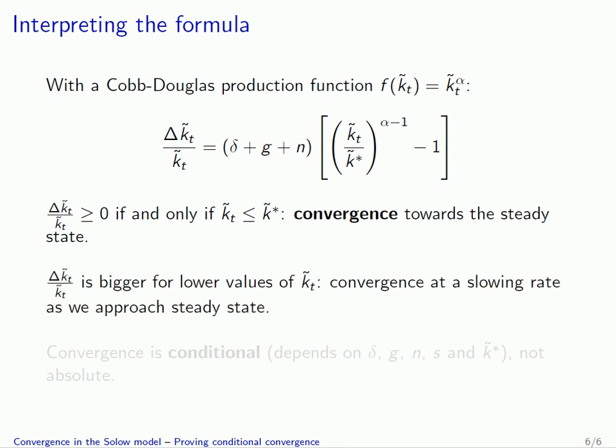An important property as well that we can find useful if we apply this theory of the Solow model to actual countries is the fact that the growth rate of k tilde, so delta k tilde over k tilde, is bigger when k tilde t is small, because then the fraction k tilde over k tilde star is small as well, so that we get a big growth rate here.